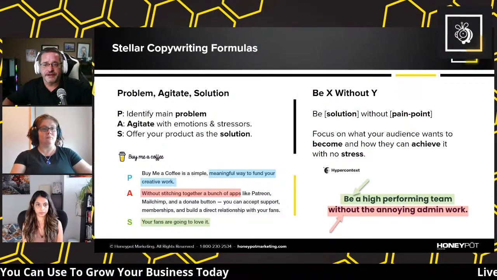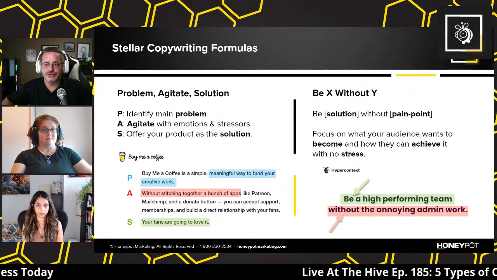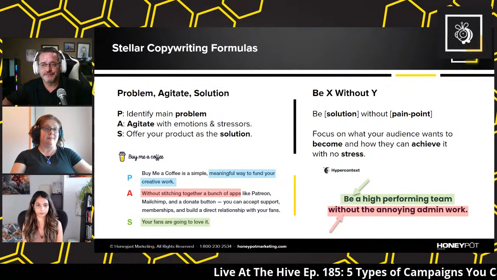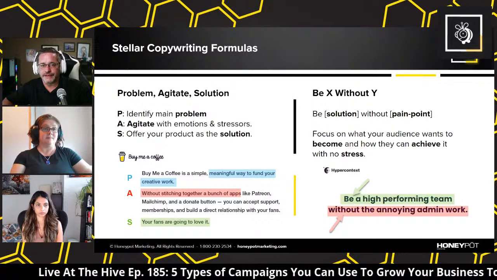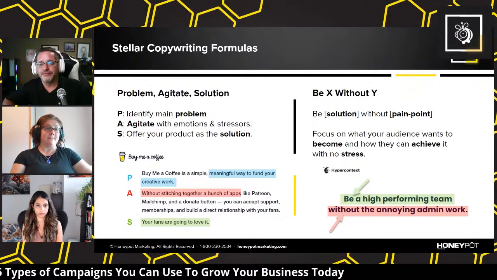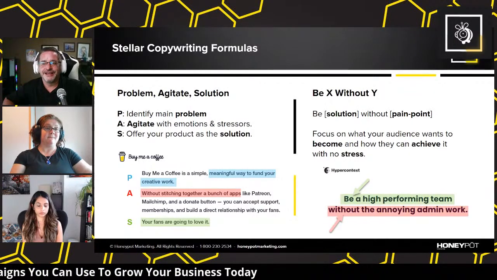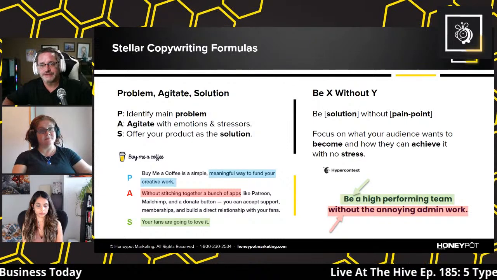Identify the main problem, agitate it with emotion or stresses, then your product or your service is the solution. I think it's important that the nuances of marketing and advertising copywriting are identified, because there are formulas that are known to work, and you should really start with those formulas and tailor them for your own solution.